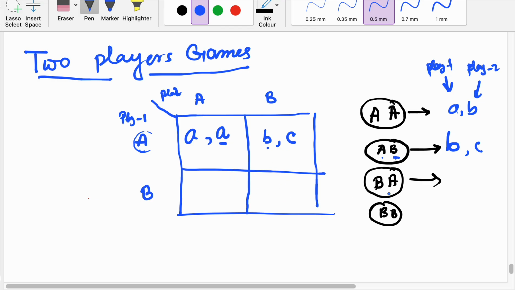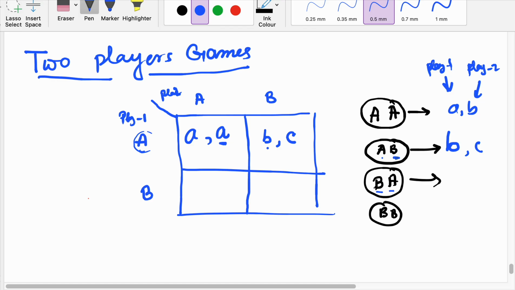Then when I am playing B against action A, that is a similar situation to you playing B when I am playing A. So this will be the same situation, only the player changes, since I am in a symmetric game.